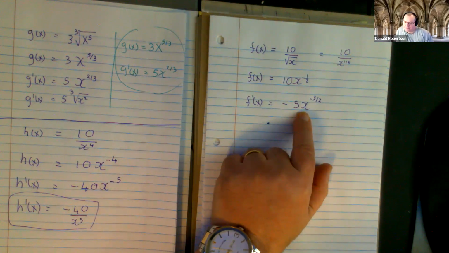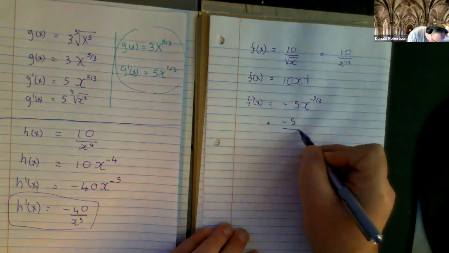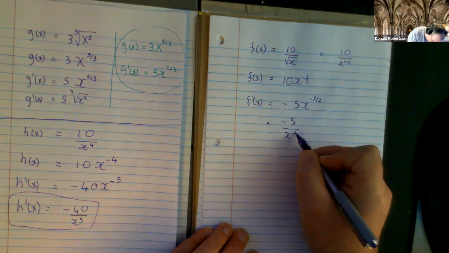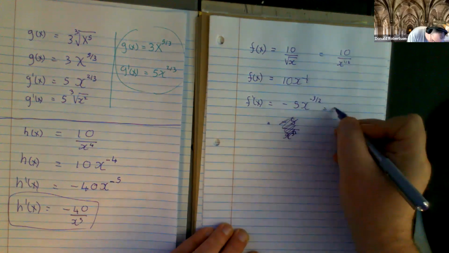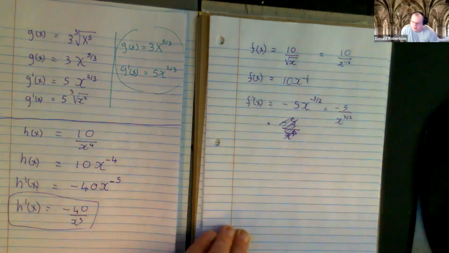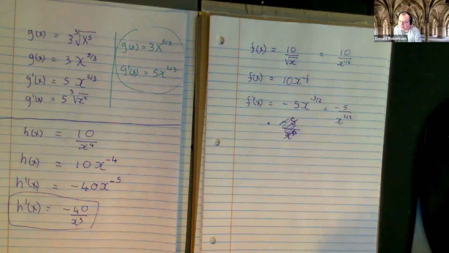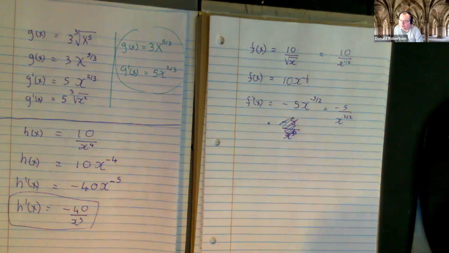Derivative is now finished. From this point onwards, it's all about style points. First thing I would do is rewrite it as a positive power. Are we comfortable about that piece of algebra? Negative powers of x can be written as fractions with positive powers.